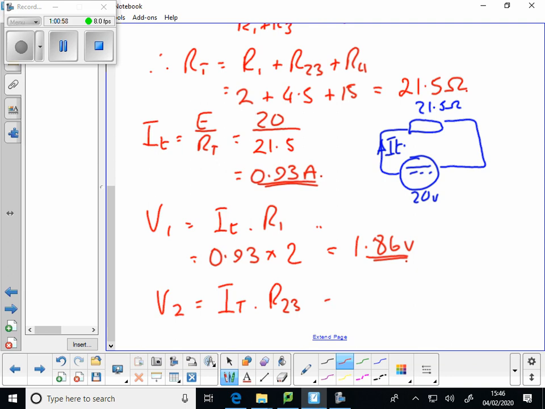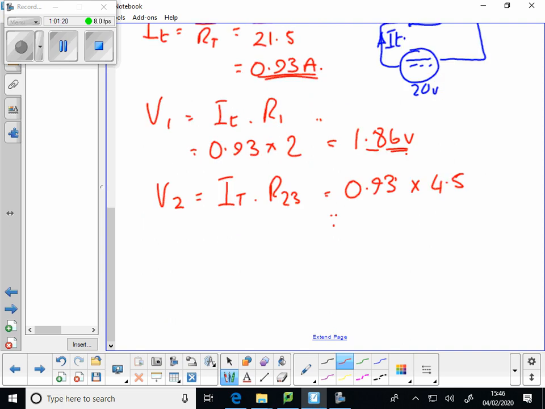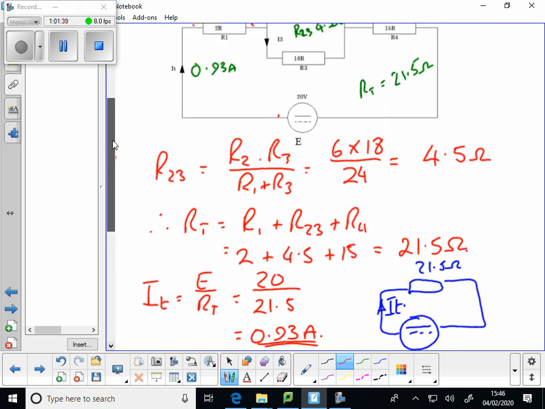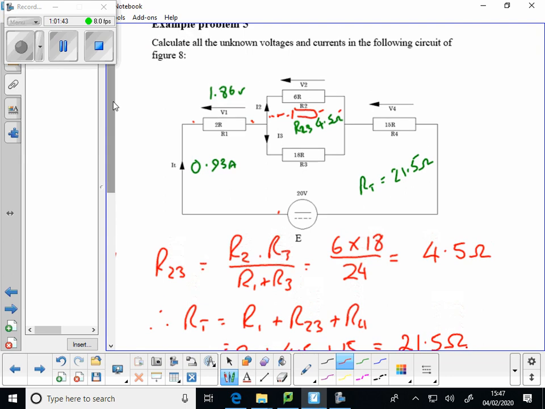So that's 0.93 times 4.5, and that comes out as 4.185 volts.